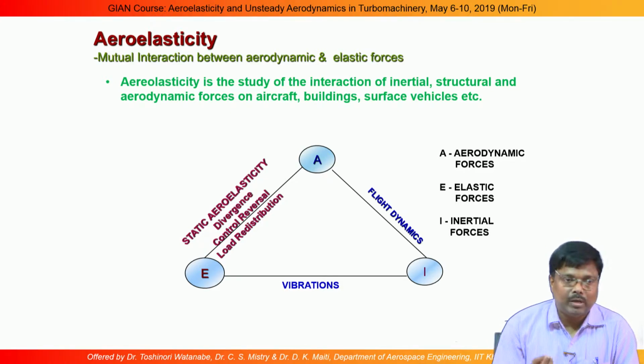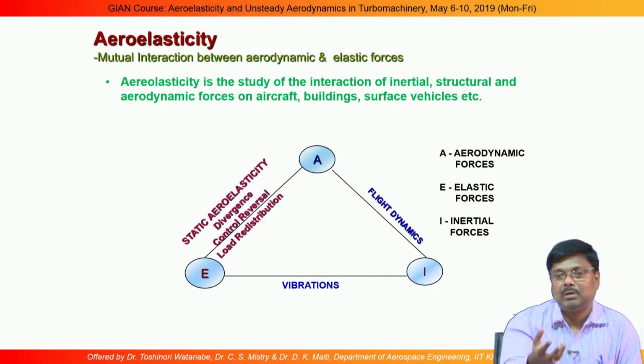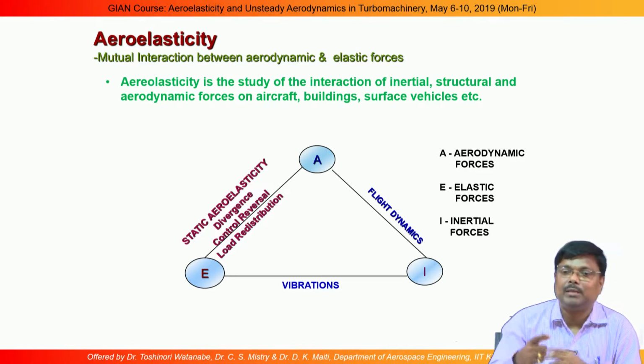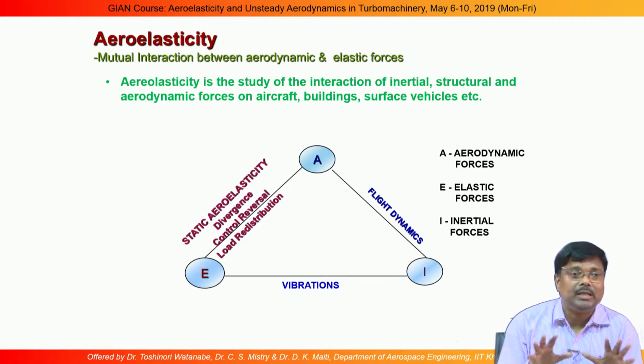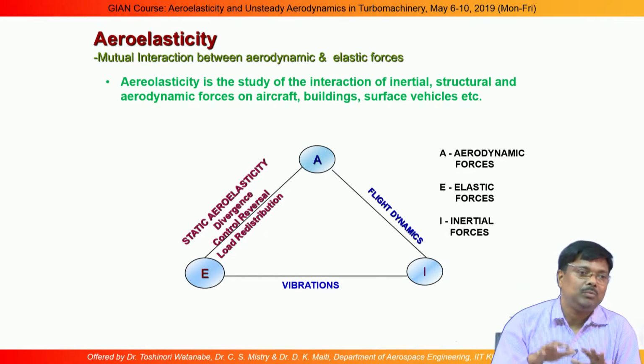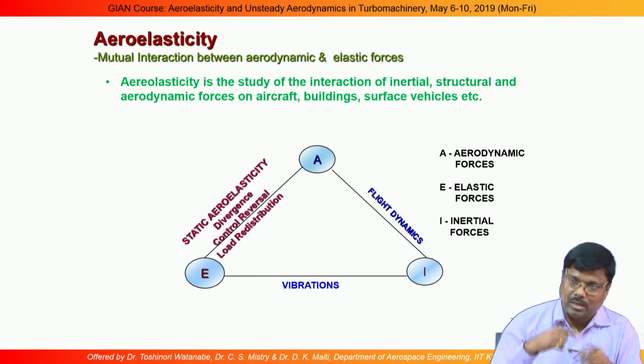Whatever lift moment is developed due to the eccentricity of the aerodynamic center, there will be a moment about the elastic axis or about the CG point, and we have to deflect the control surface in such a way that the moment is balanced. For a symmetric maneuver, these two have to be balanced: all the forces in the vertical direction, and all the moments about the y axis.